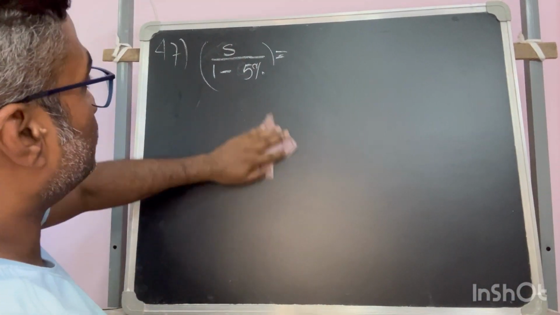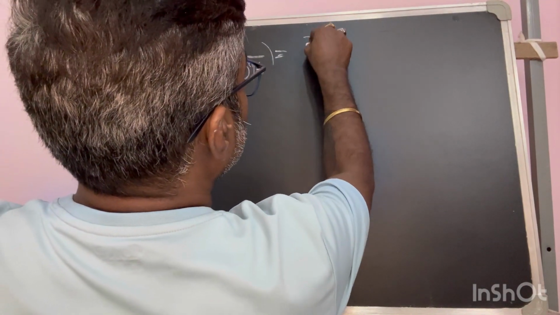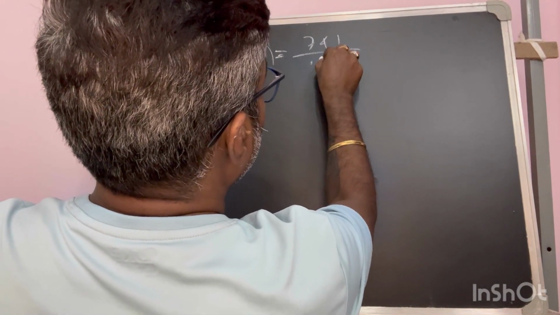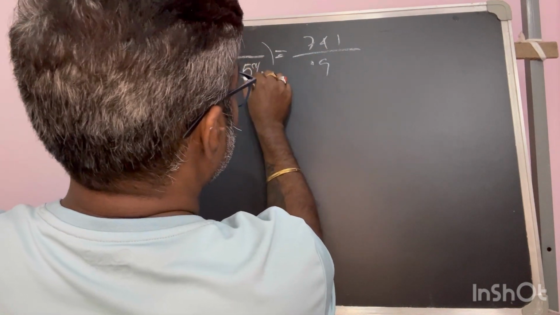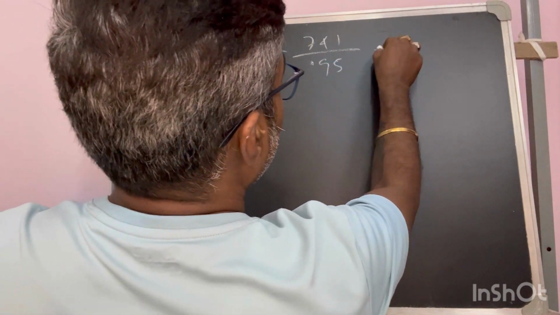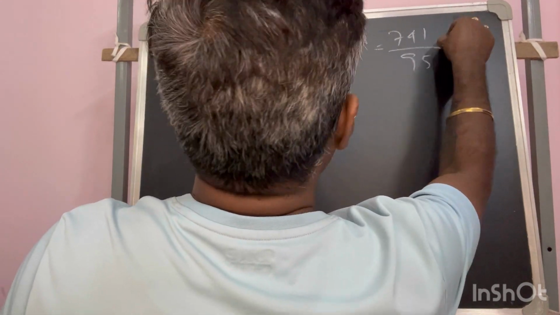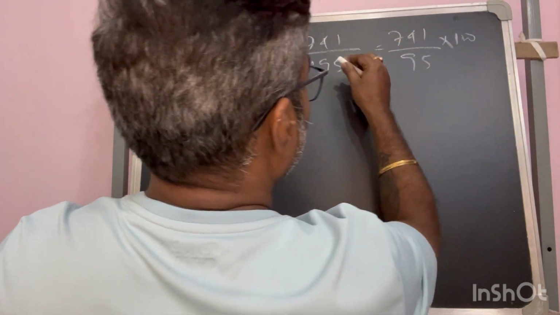Once you get s, from this equation I can calculate the cost price. So now this will be the cost price, 741 upon 0.95 actually. Now I am converting this into decimal. So 741 upon 95 into 100, I am reducing.